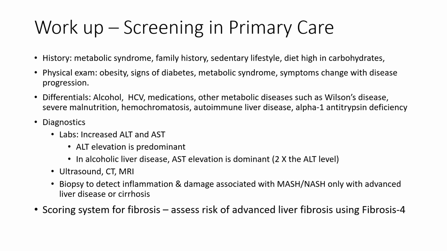There may be obesity. There may be signs of undiagnosed diabetes, such as polydipsia, polyphagia, or acanthosis. There can be liver enlargement, but that's usually not present early in steatosis. Symptoms change with the progression of the disease.